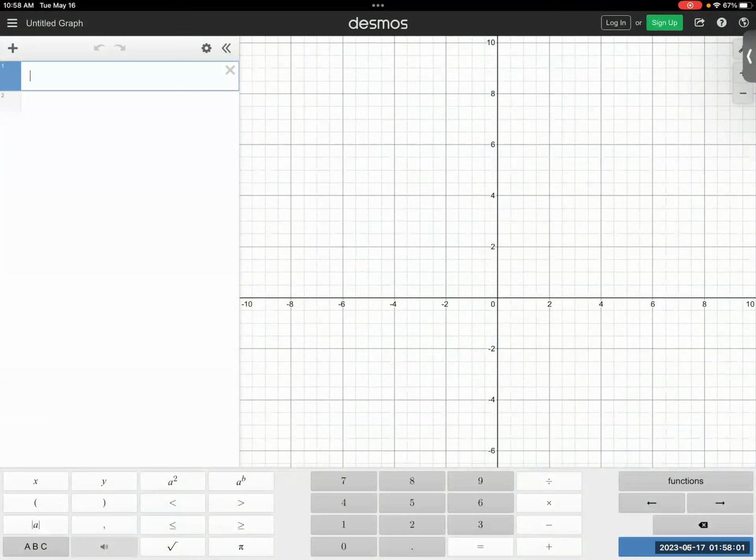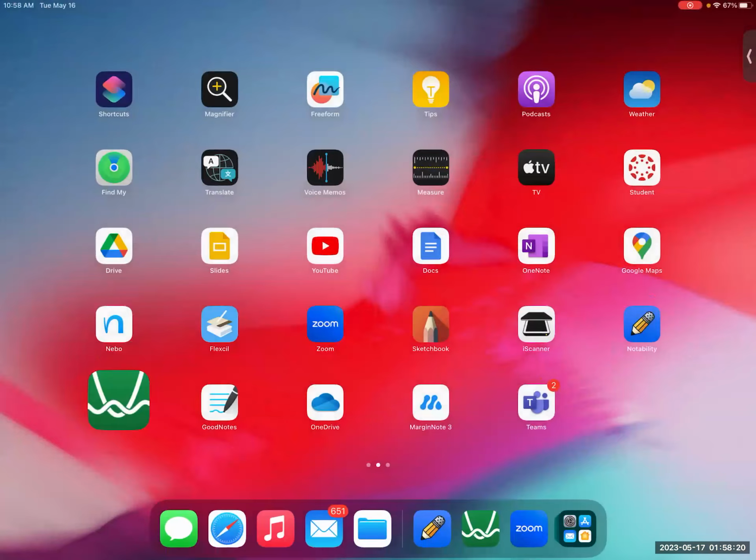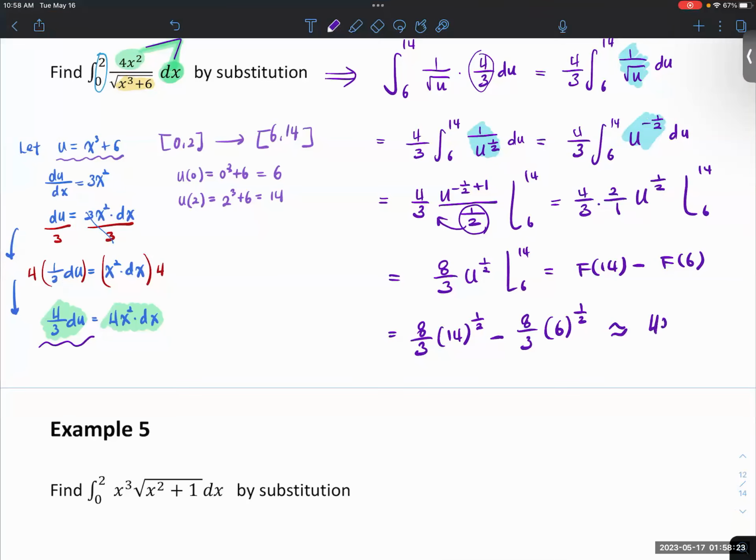We have 8 over 3 times 14 to the second power, minus 8 over 3 times 6 to the second power. So you have approximately 26.67. So 26.67 is the answer.